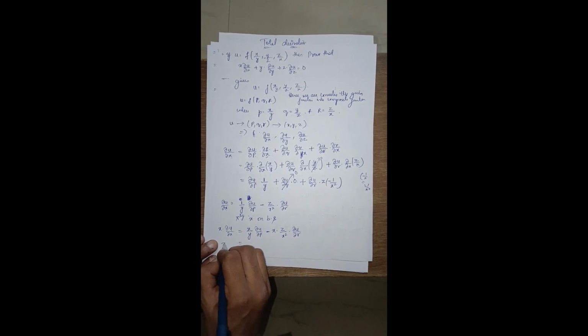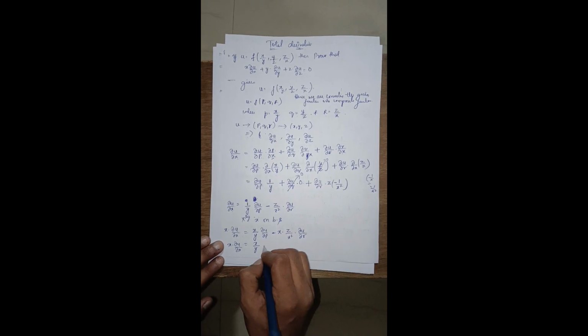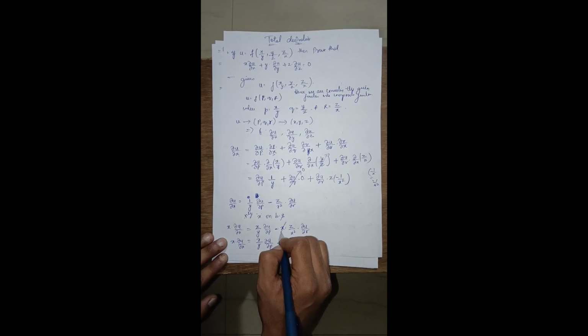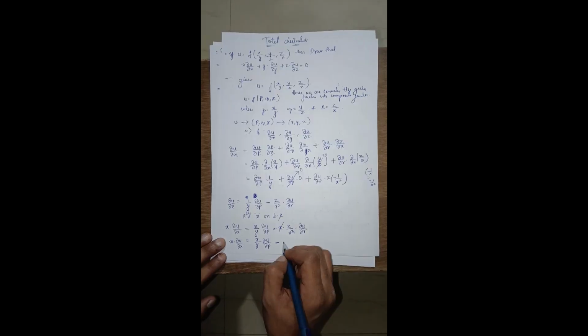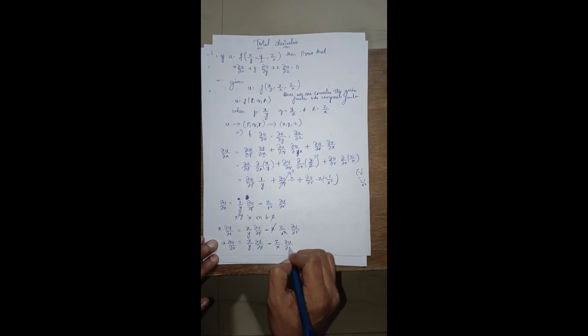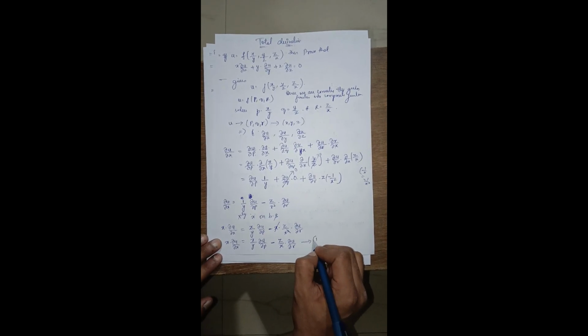Now x into ∂u/∂x is x by y into ∂u/∂p minus, and here one x gets cancelled, z by x into ∂u/∂r. You keep this as equation number 1.